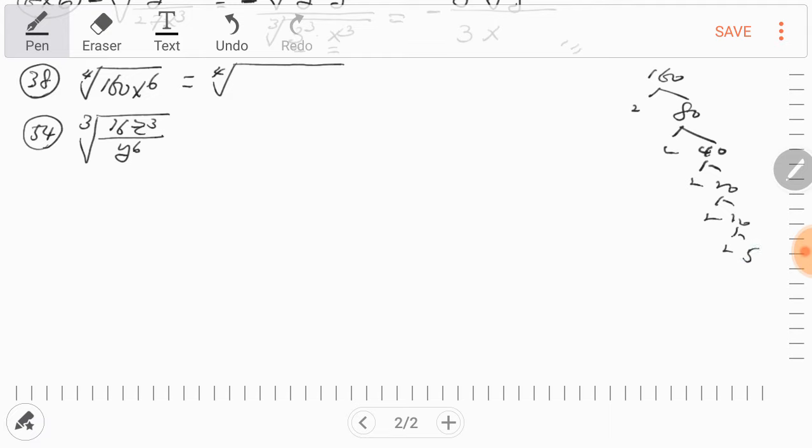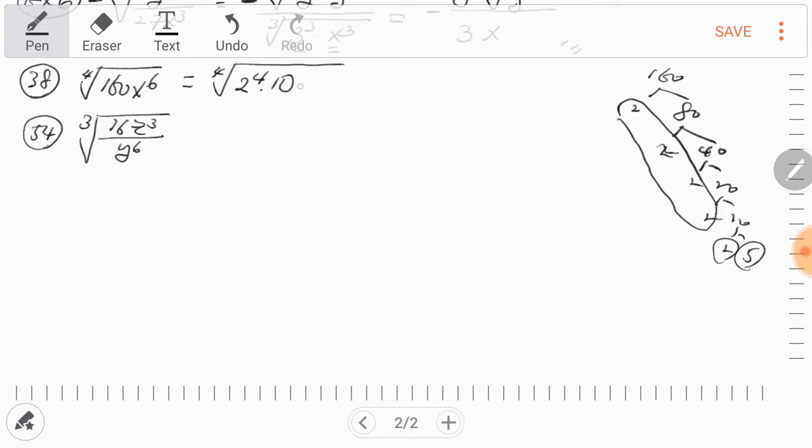So we need 4th powers. So let's put 2 to the 4th. So 160 is a product of 2 to the 4th power, and 2 and 5. 2 and 5, we can just multiply these two, which is 10.